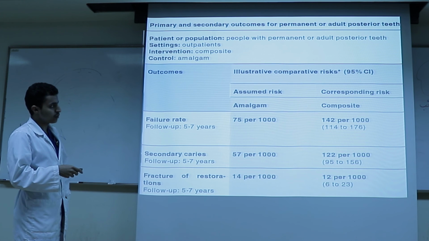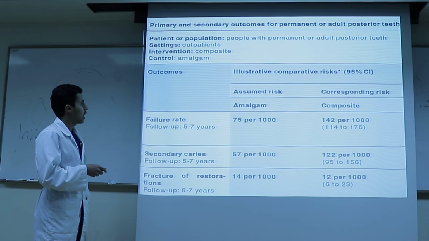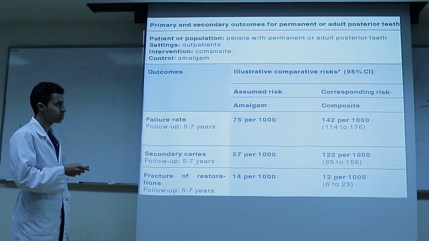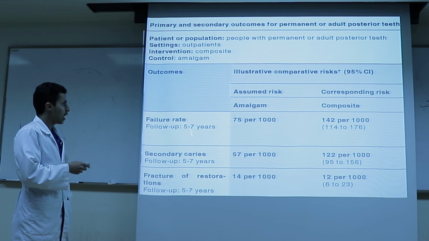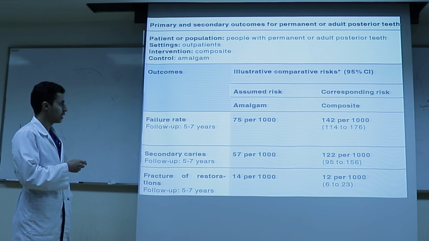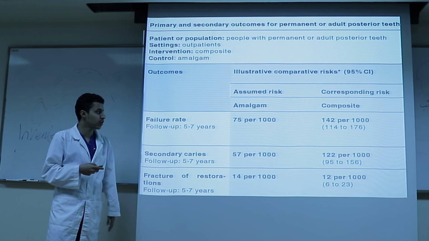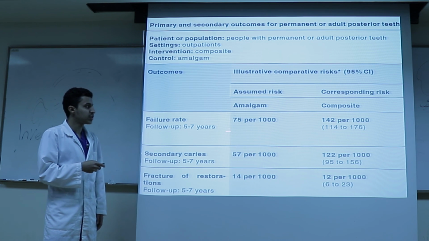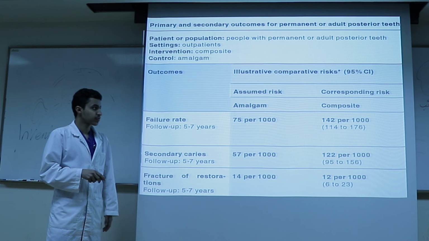This is a table from one of the studies, and this is the amalgam. We have 1,000 amalgam restorations and 1,000 composite restorations, and here is the failure rate, following up the restorations for 5 to 7 years, and it shows that 75 per 1,000 amalgam restorations failed.